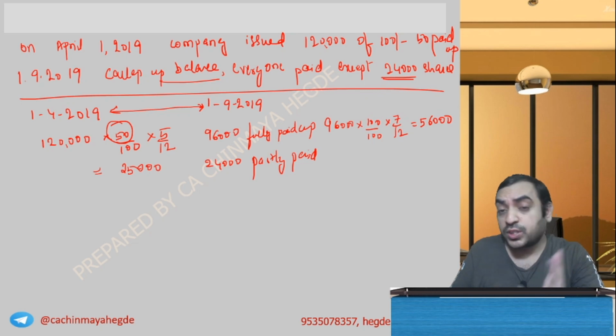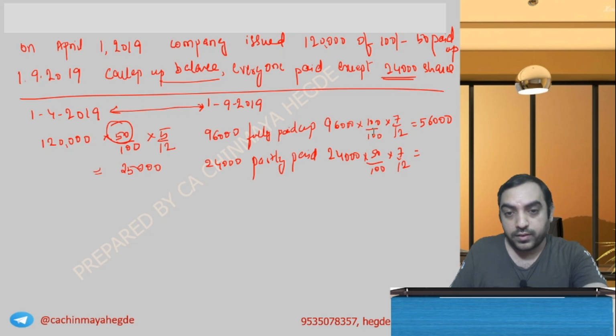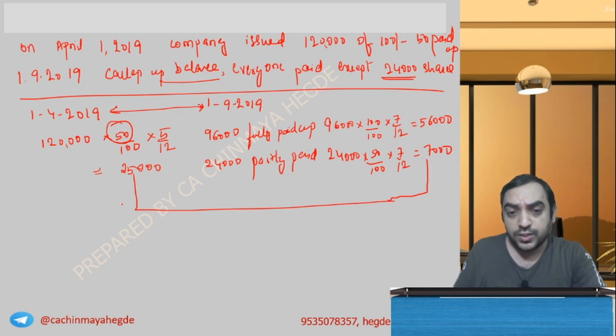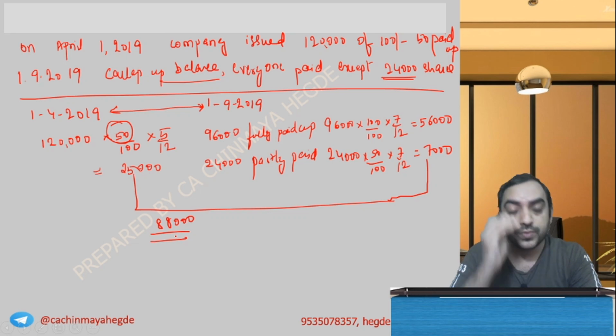And for the 24,000 partly paid up, they paid only 50 rupees out of 100 for 7 months, giving 7,000. So the total, if I add 25,000, 56,000 plus 7,000, comes to 88,000.